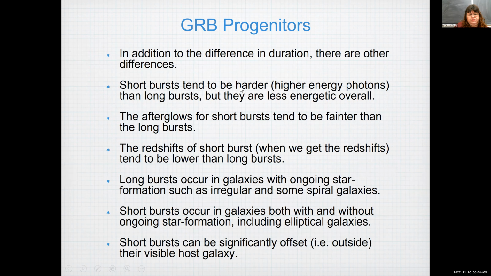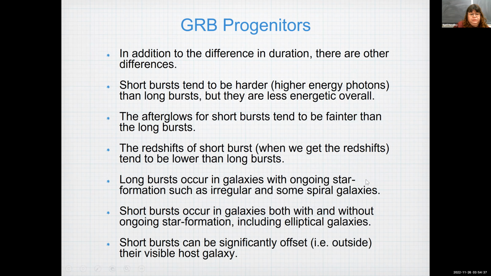The long bursts tend to be lower energy photons, but overall more energetic when you look at how much energy is released over an entire event. The redshifts of short bursts, where you get the redshifts, tend to be lower than the long bursts. That means the short bursts tend to be closer to us.